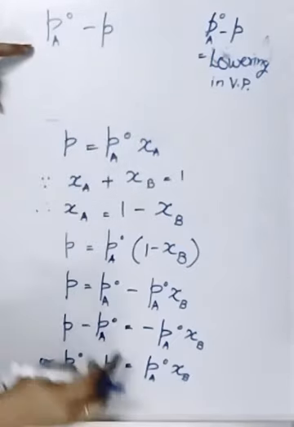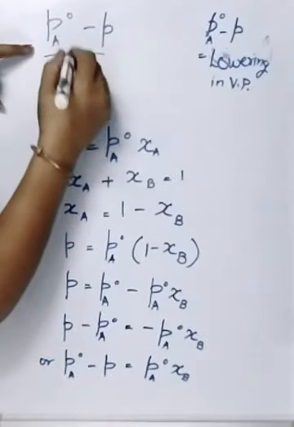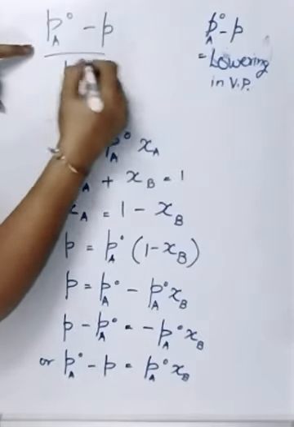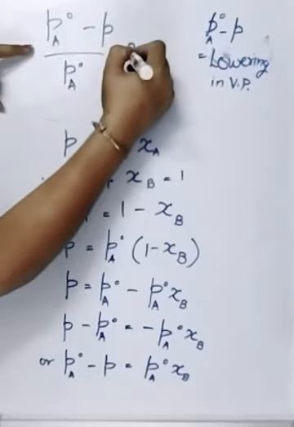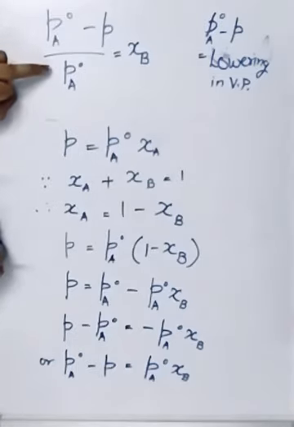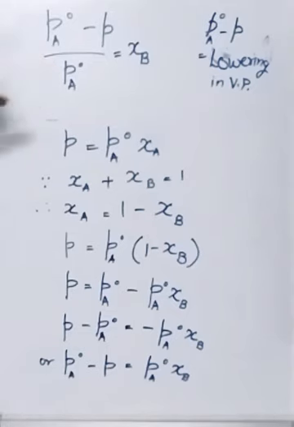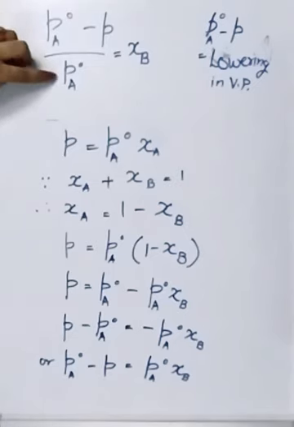Just cross multiplying, this will become PA naught minus P upon PA naught equals XB. Now this term PA naught minus P upon PA naught is known as relative lowering in vapor pressure, because we are measuring the lowering in vapor pressure with respect to the vapor pressure of pure solvent.